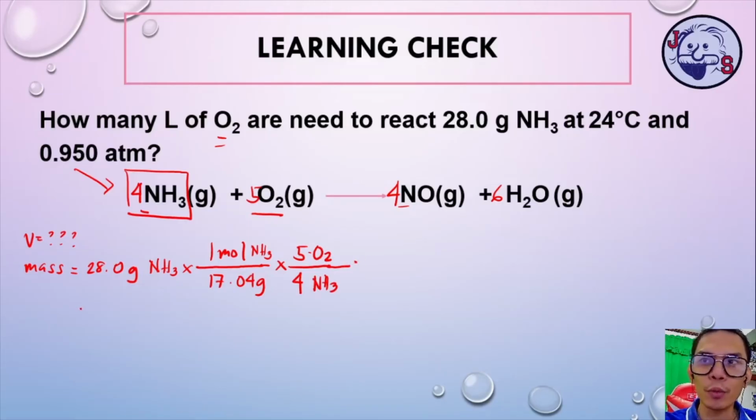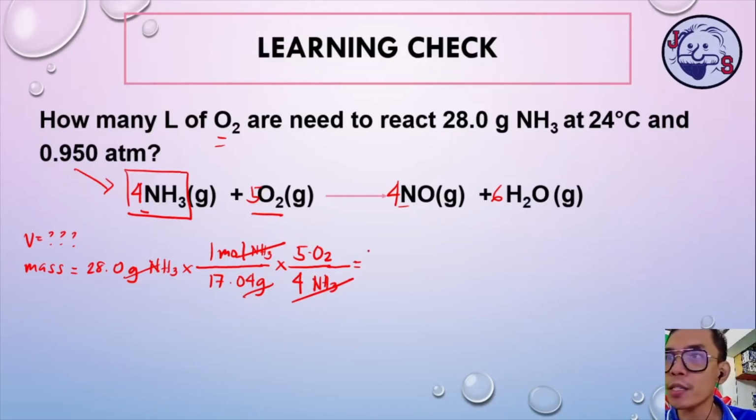So what will be the answer? Cancel the grams. So 28 over 17.04 times 5 divided by 4.